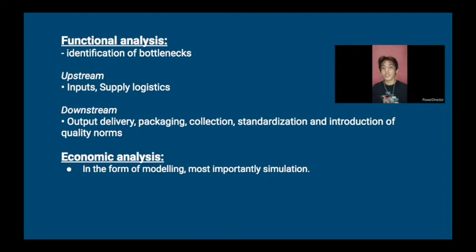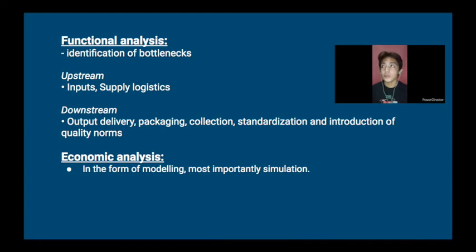In the upstream, we see the inputs and the supply logistics, and in the downstream, we see the output delivery, the packaging, the collection, the standardization, and reduction of the quality norms.